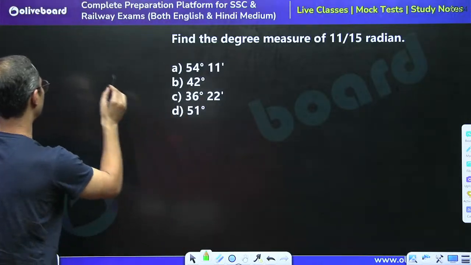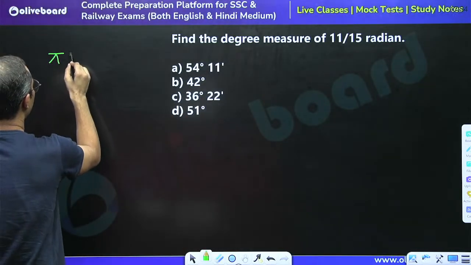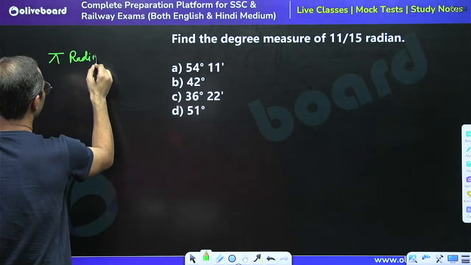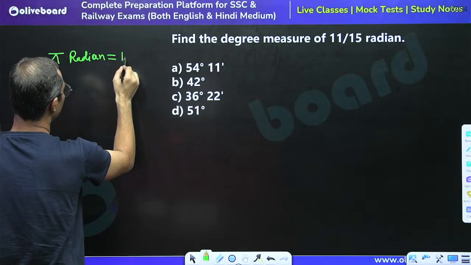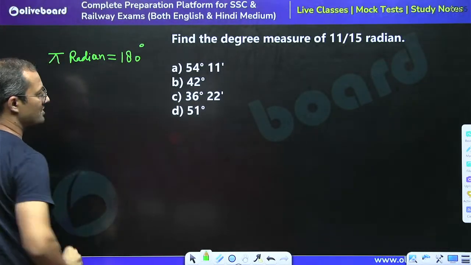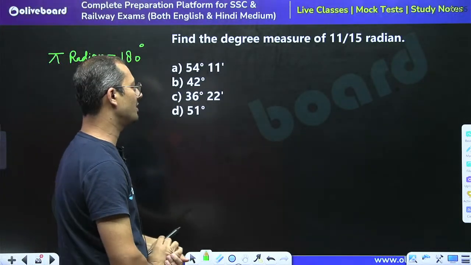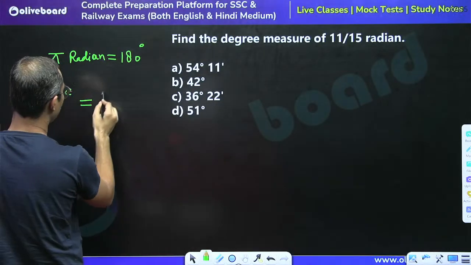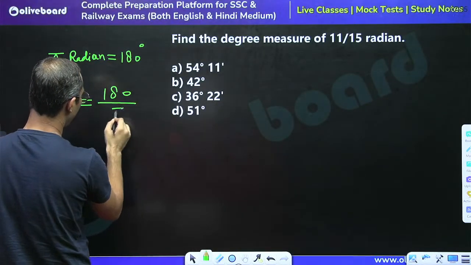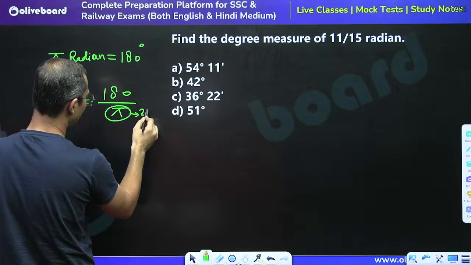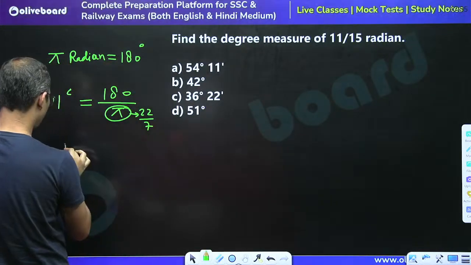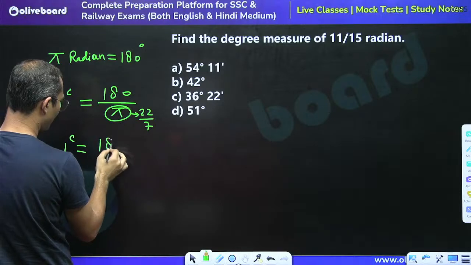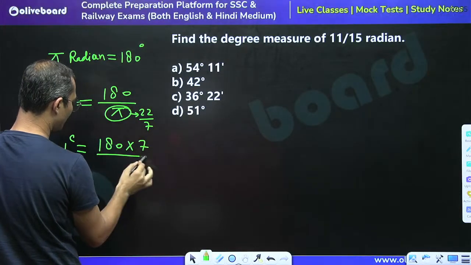Now tell me what is the answer of this question. So we must note that pi radian is equal to 180 degree. So we can say that 1 radian is equal to 180 divided by pi, and the value of pi is 22 by 7. So 1 radian is equal to 180 into 7 by 22.